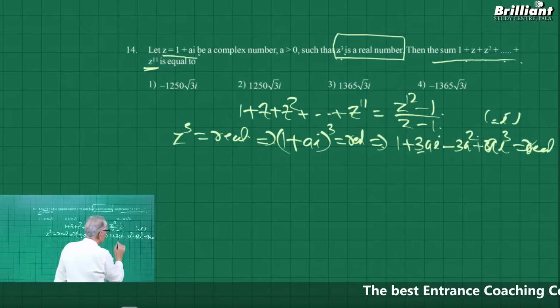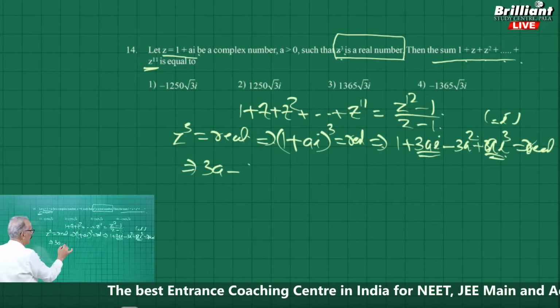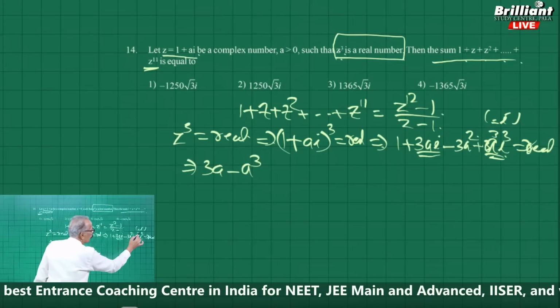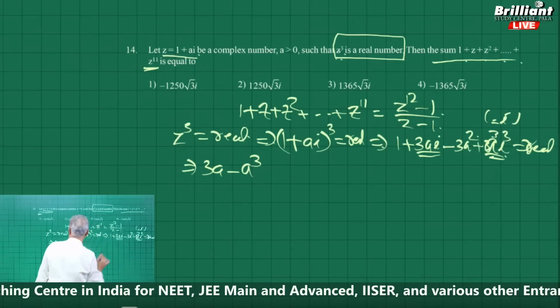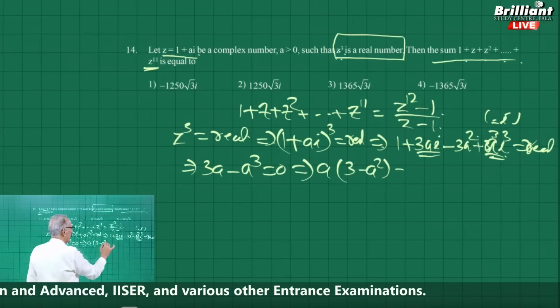Real means the imaginary part must be 0. That means 3a - a cube = 0, that means a(3 - a square) = 0.